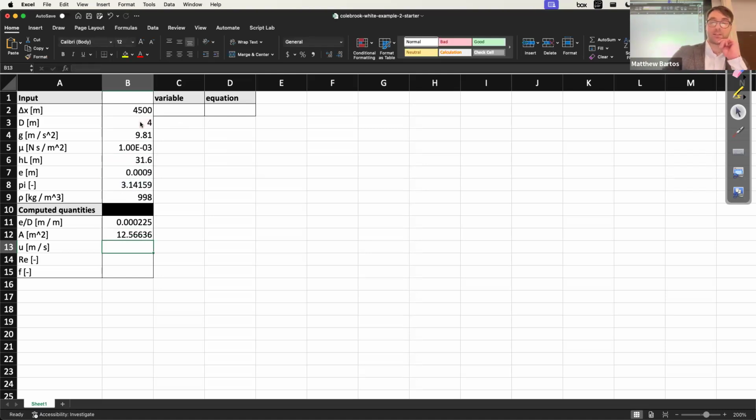For the velocity, first, what is our variable we're trying to solve for again? Flow rate. So let's change this cell up here. Let's call this Q for the flow rate, and set an initial guess of 1 cubic meter per second. Now we can compute the velocity. This is equal to the flow rate, that's cell C2, divided by the cross-sectional area.